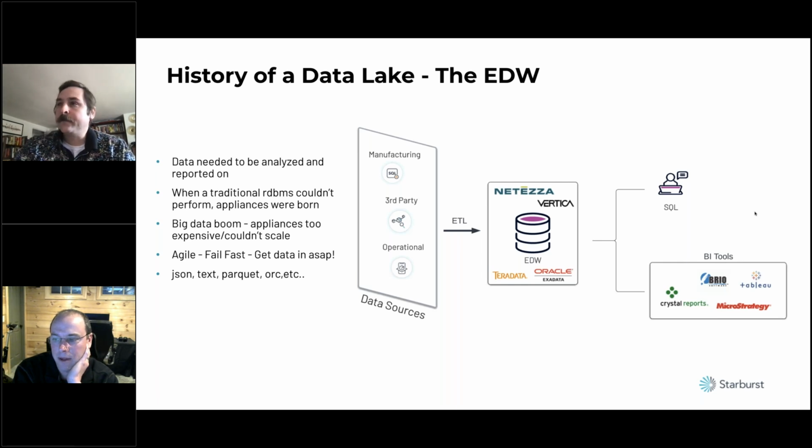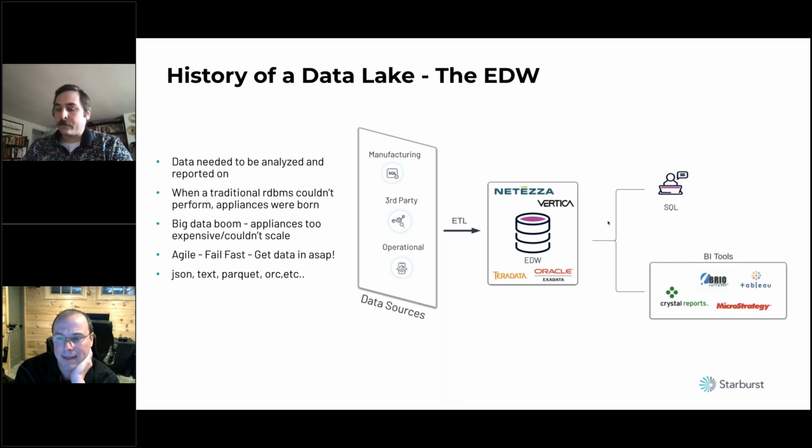And that's where the appliances came out, like Netezza, Vertica, Teradata, where they would just send you basically these large racks of servers, and you would put them in your data center and load all your data into it, and out would come much faster analytics. We went down that road for many years. The main reason was you couldn't run large reports on these source systems, as we all know.